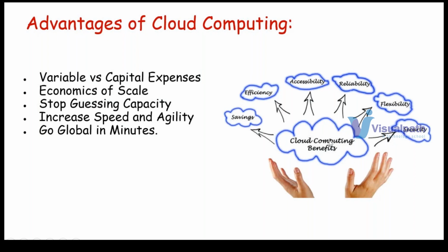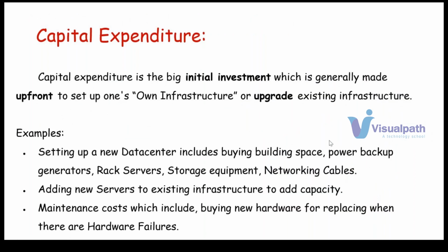Okay, so capital expenses are a big initial investment, generally made upfront to set up one's own infrastructure and upgrade existing infrastructure. For example, setting up a new data center includes buying building space, power backups, generators, rack servers, storage equipment, network cabling, right?